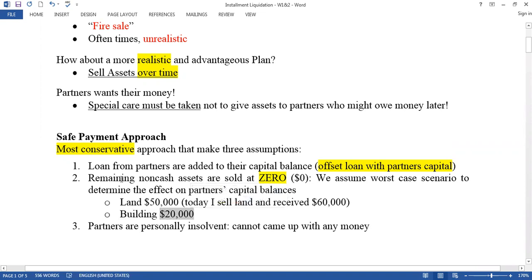As we are very conservative, we assume that the market price, or fair market value, of this building will be 0 in the future.